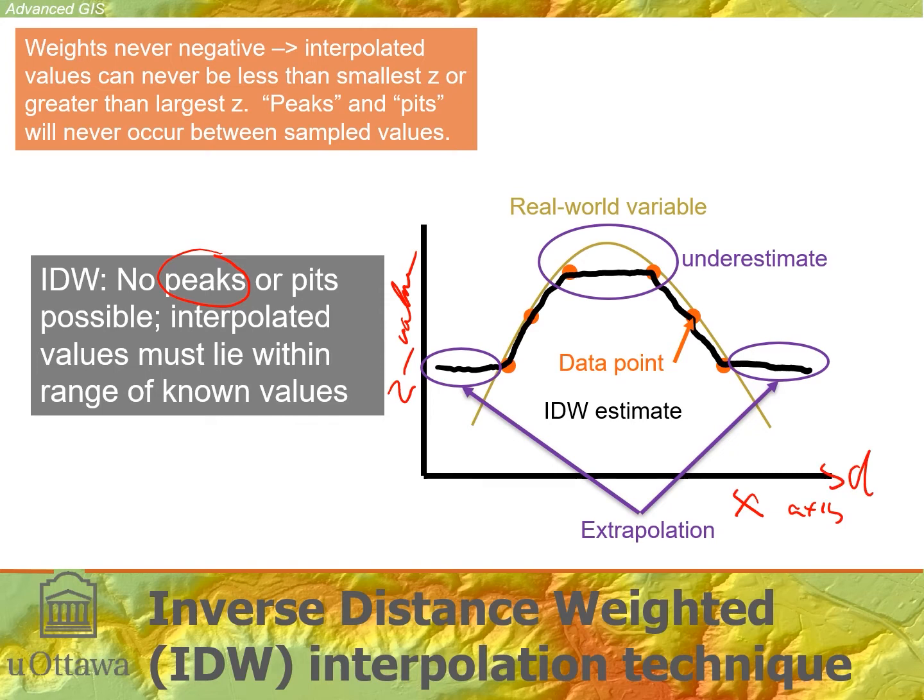And what we see here is we have a real-world variable, and then we have the locations, which are the points, where we have observations. And then the inverse distance weighted approximation is the black line. And what we see here is that between the observations, we have a good estimate following the real world.